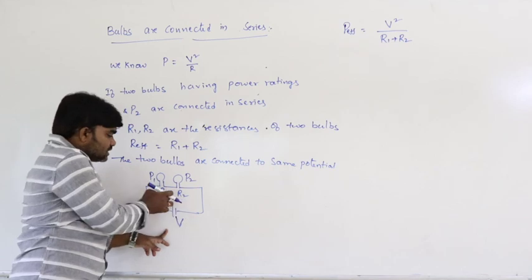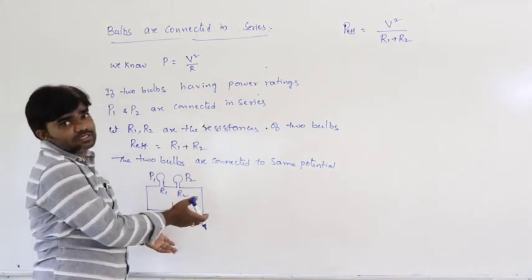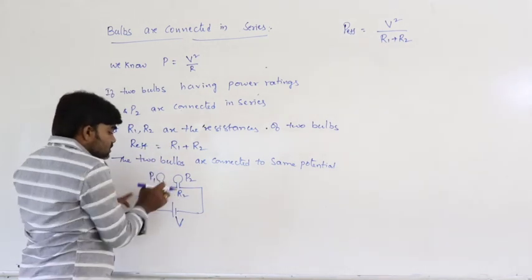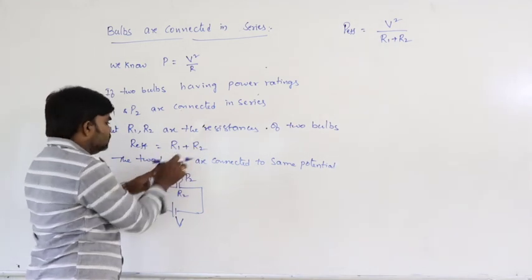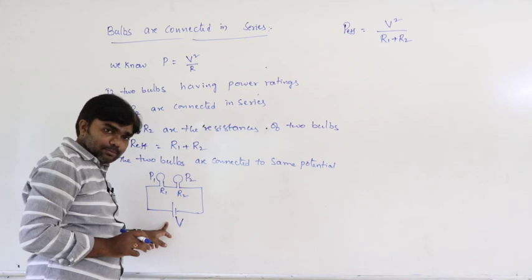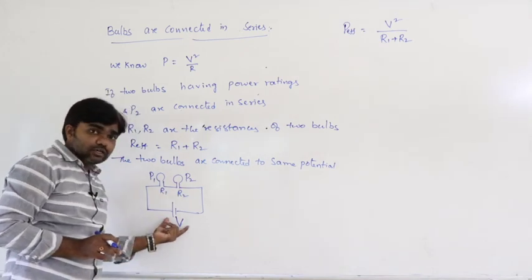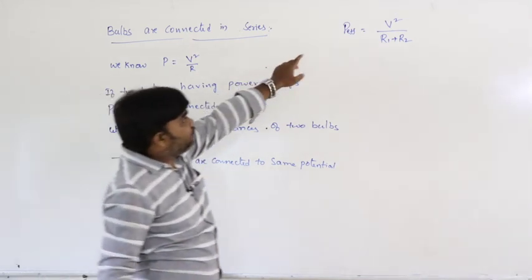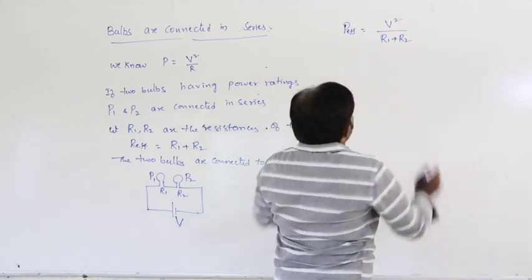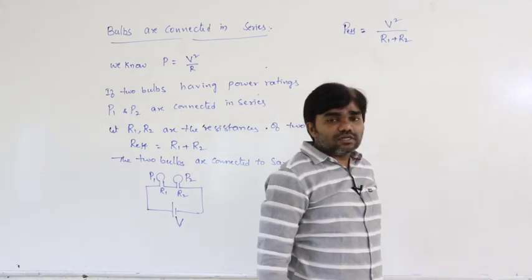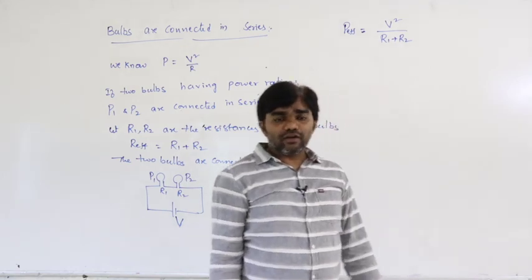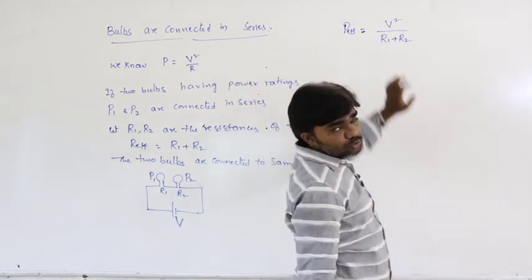V. What is effective resistance here? R1 plus R2. If two resistances are connected in series, effective resistance is R1 plus R2. If the two bulbs are connected to the same potential, then effective power can be written as V square by R1 plus R2. This is the effective power.